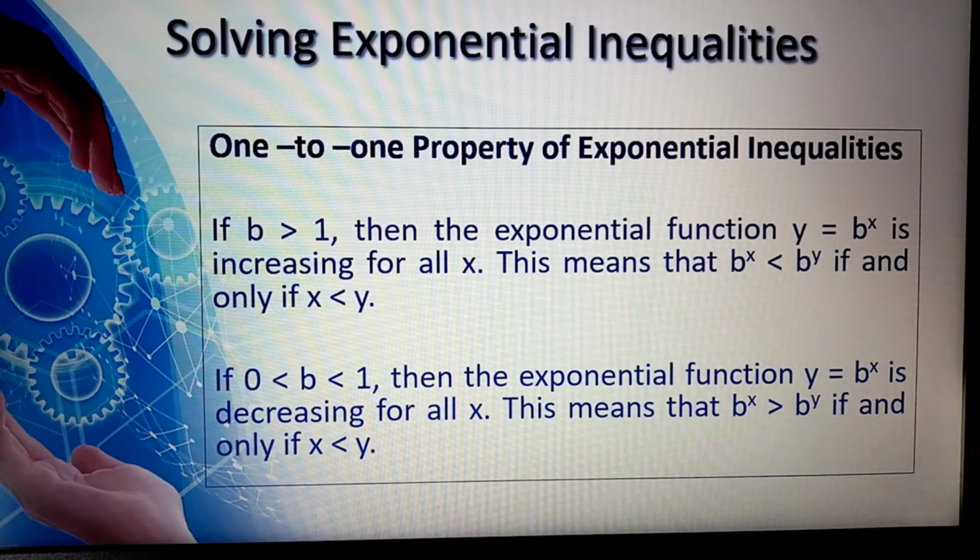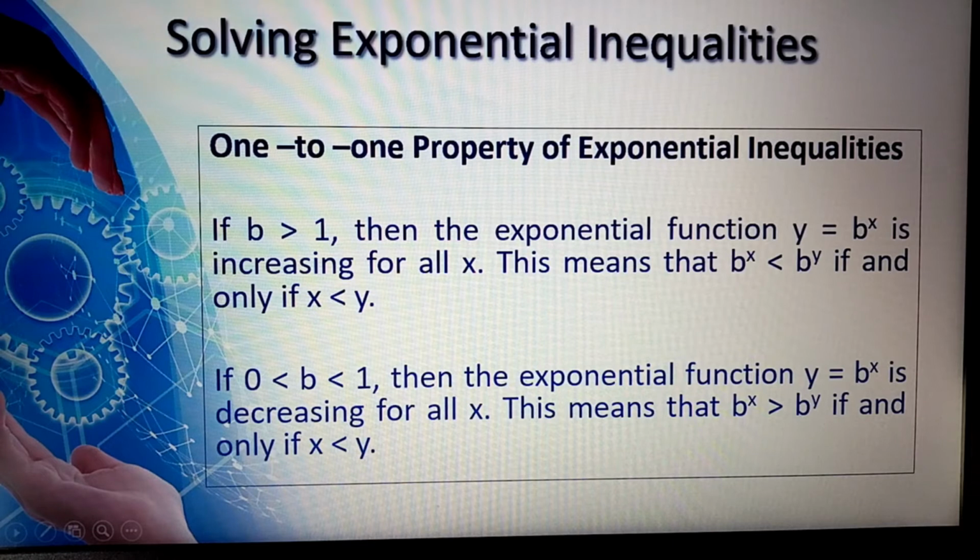It says that if b is greater than 1, then the exponential function y equals b raised to x is increasing for all x. This means that b raised to x is less than b raised to y if and only if the value of x is less than y.